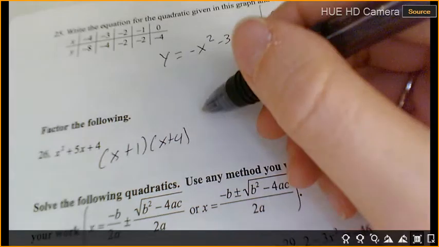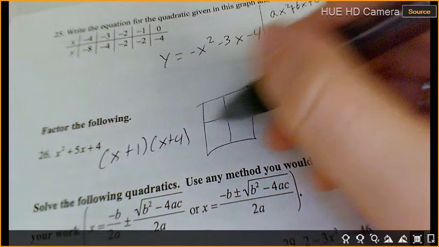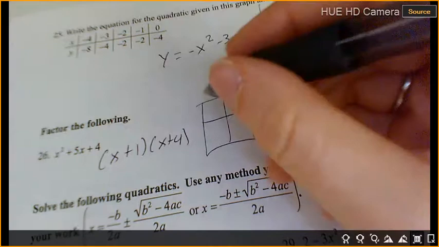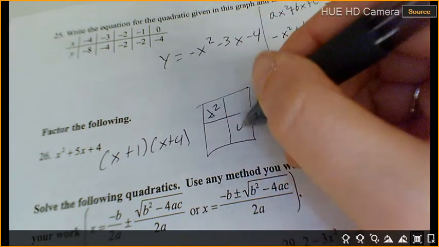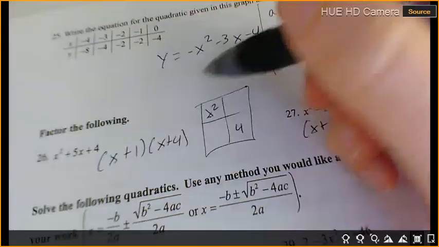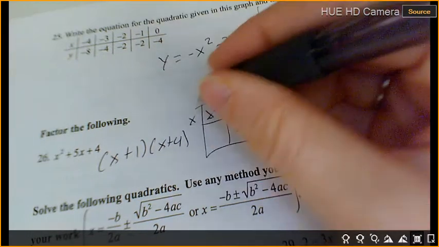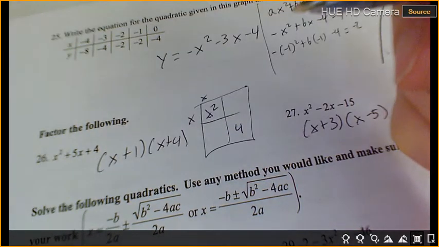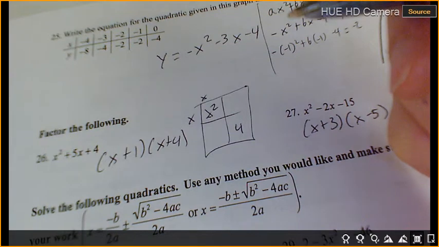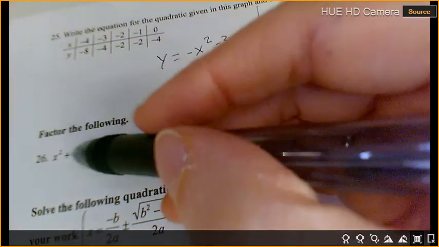Okay, so I make the box, right? And I put in the box x squared and 4. Now, I know x times x is the only thing that gives me x squared. And what two numbers multiply to give me 4? 2 times 2, but 2 plus 2 does not give me 5, right?